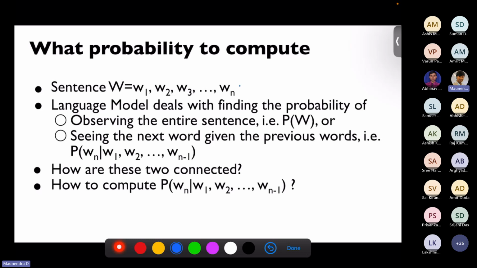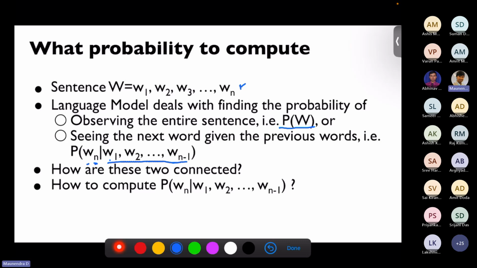This is our sentence, and language modeling deals with finding the probability of either observing the entire sentence, that is the probability of W, or seeing the next word given the previous words. Suppose the next word is Wn and the previous words are all observed. Based on the observed words W1 to Wn minus 1, can we predict the probability of the next word?